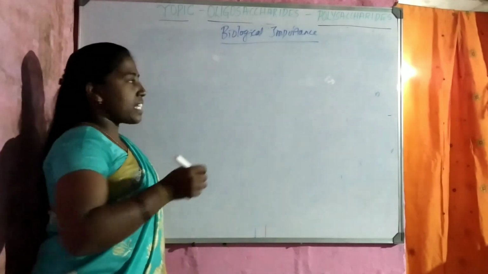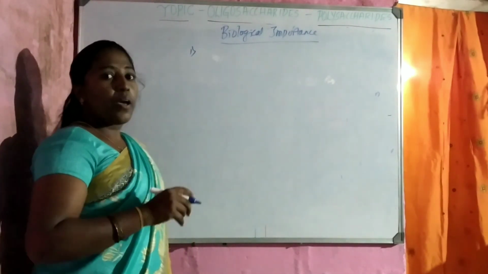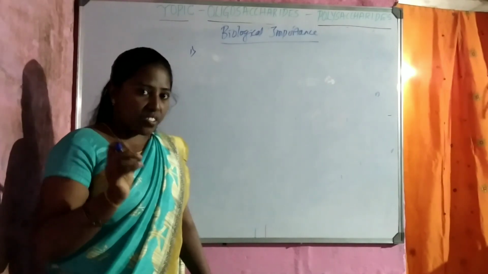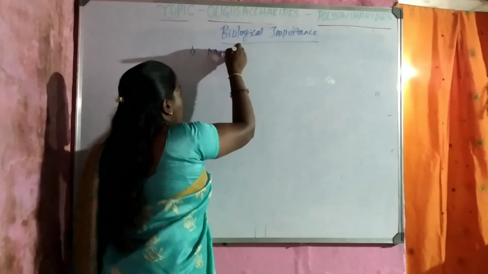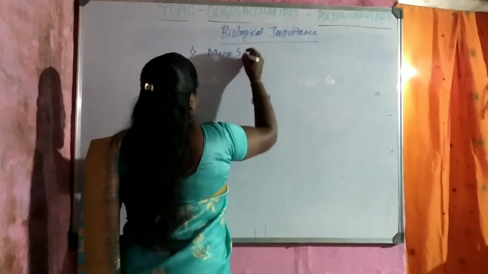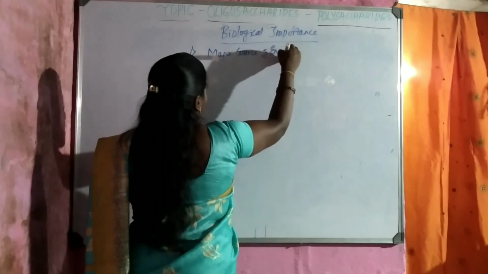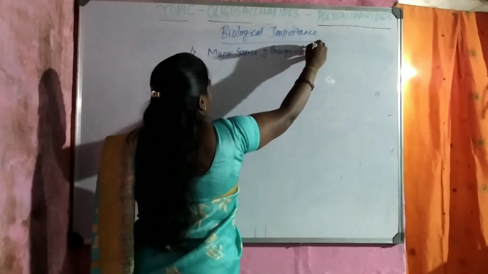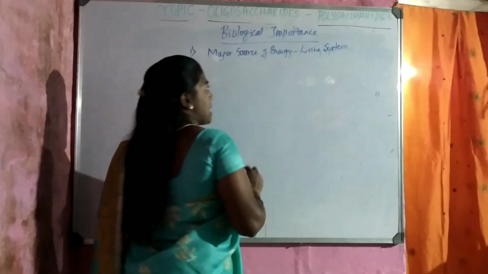The first role is that they are used as a major source of energy. Carbohydrates are used as what? Major source of energy in the living system.